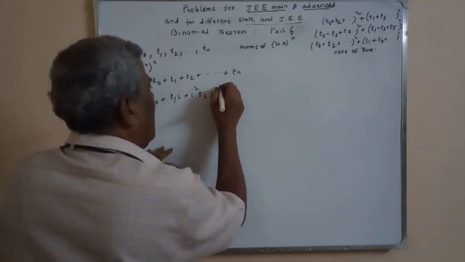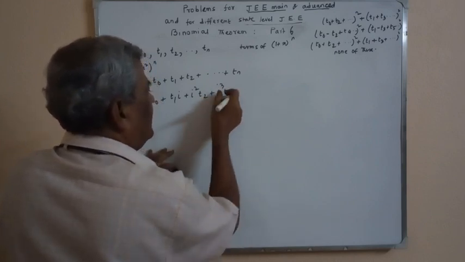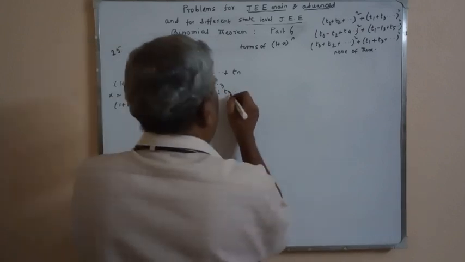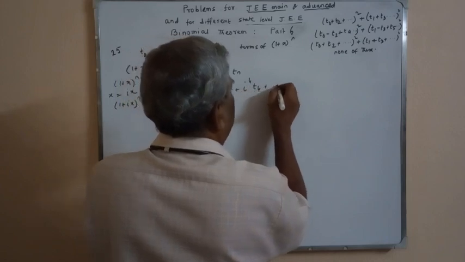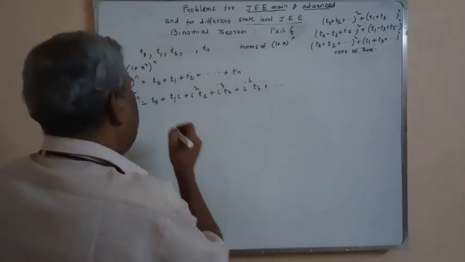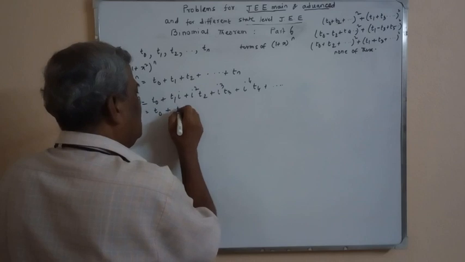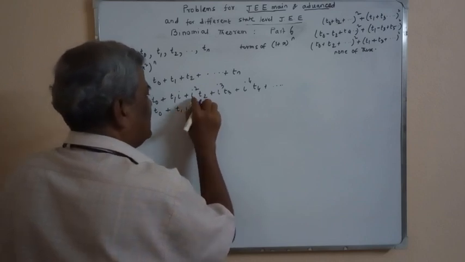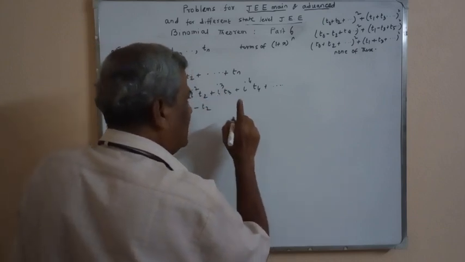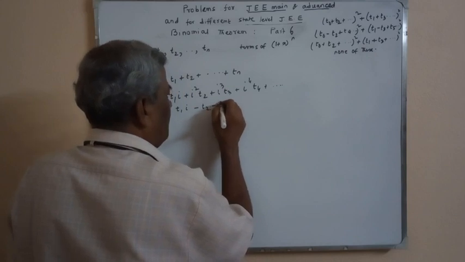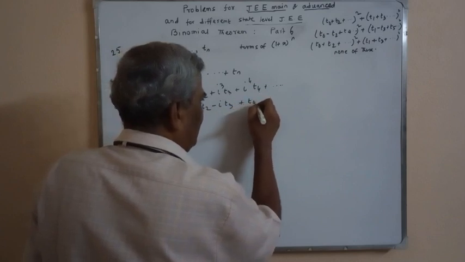Third one i cube T3. i to the power 4 T4, this way, so that it is equal to T0 plus T1 i minus T2, because i square is minus 1, i cube is minus i T3, i to the power 4 is plus 1, and so on.